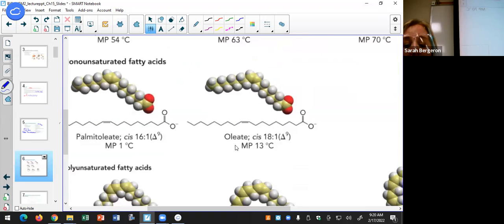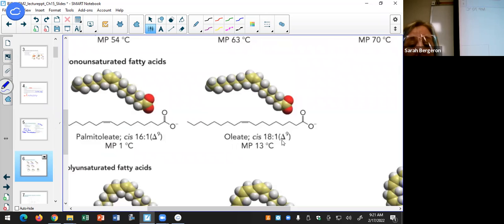So go down and look at oleate. This is 18:1. 18 carbons with 1 double bond, but you could have multiple fats that have 18 carbons and 1 double bond, but in a different configuration, right? So you actually have to say, where is that double bond?